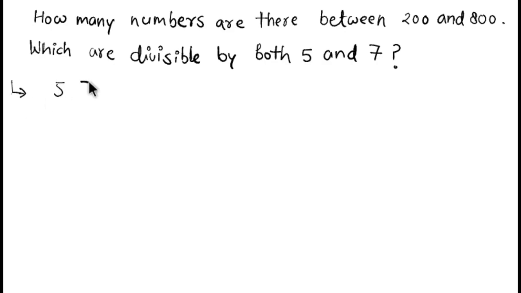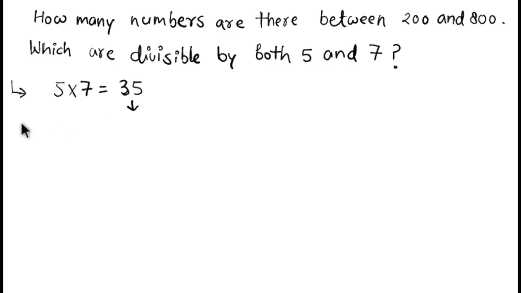How do I find it? I take the LCM of these two numbers, and I see that these numbers are prime numbers. So I just multiply them, and this is the required LCM, or I can say this is the smallest number which is divisible by both 5 and 7.